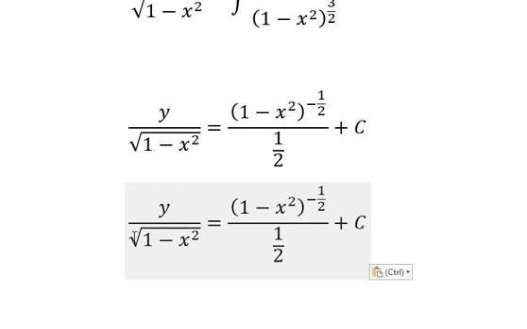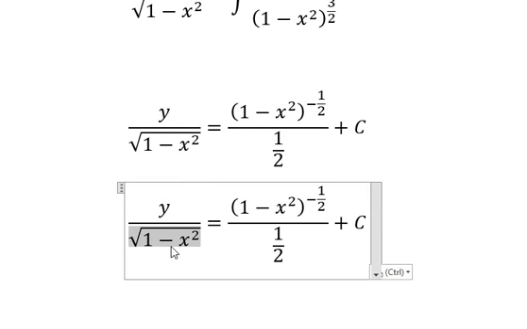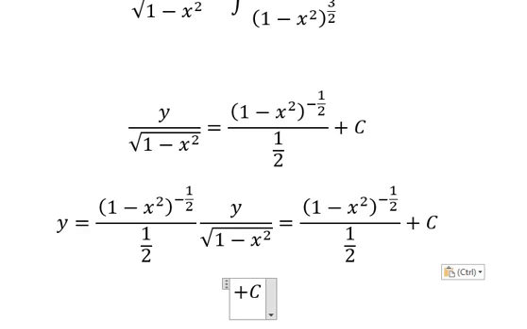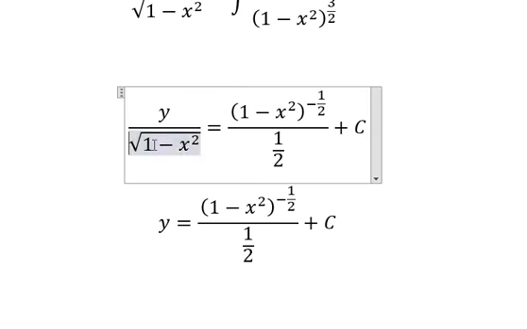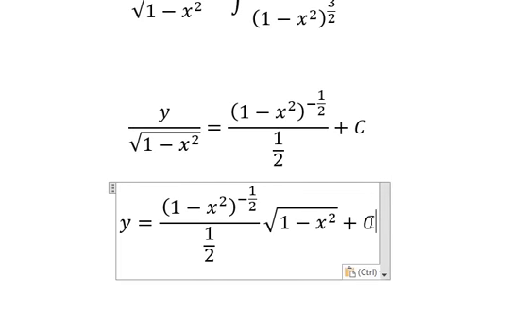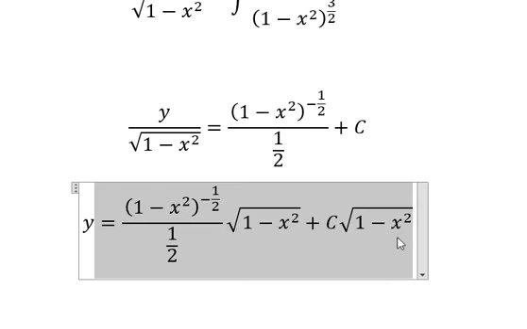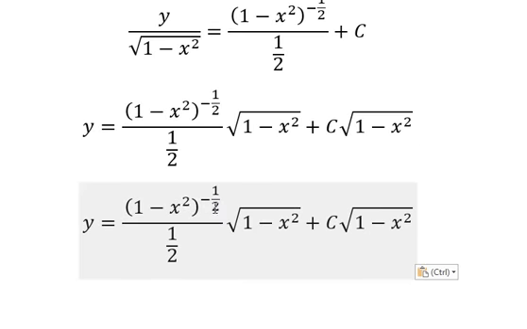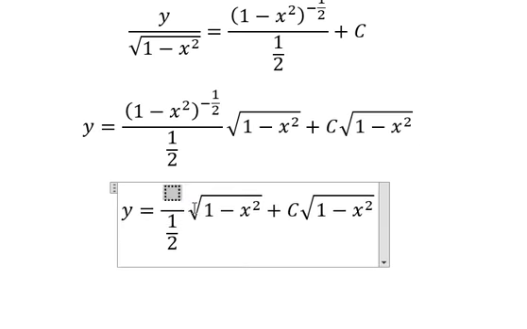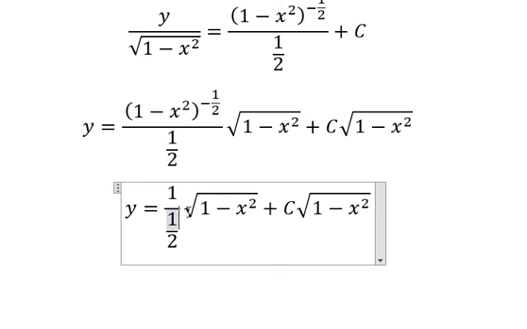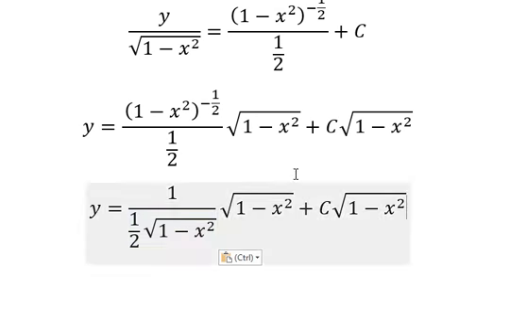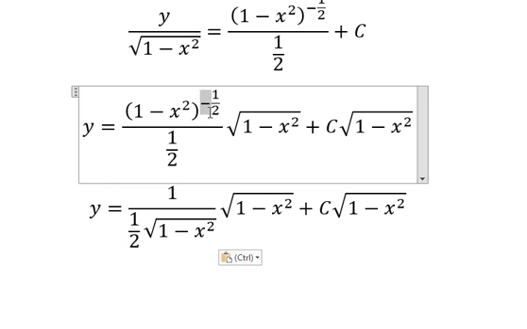Later we multiply both sides by the square root of 1 minus s squared. And we know that this one is the square root of 1 minus s squared in the denominator, because we have the negative in here, and 1 over 2 is the square root.